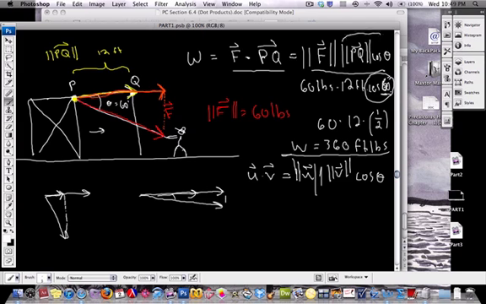In other words, this part, magnitude of the force times cosine theta. If you take those two together, that is the orange part here, which is the projection of F onto PQ, if you think about it on the previous video when we talked about projections.